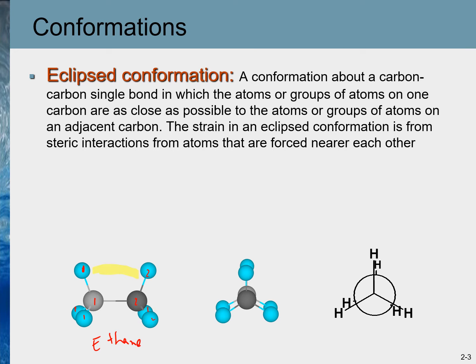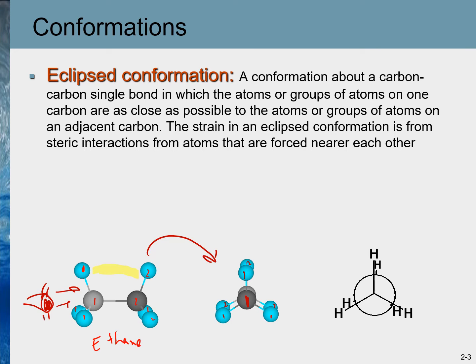If we visualize it from this side, then we will look at it this way. Now we can see number 1, 1, and 1, and 1. We can see that in eclipsed conformation, the hydrogens connected to the number 1 carbon are right ahead of the hydrogens connected to the number 2 carbon.